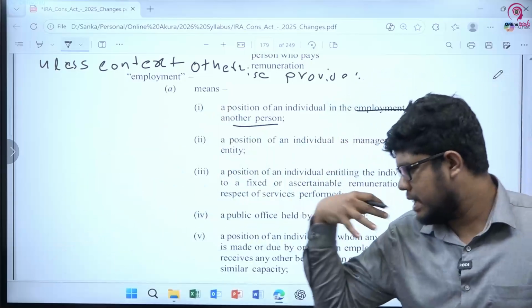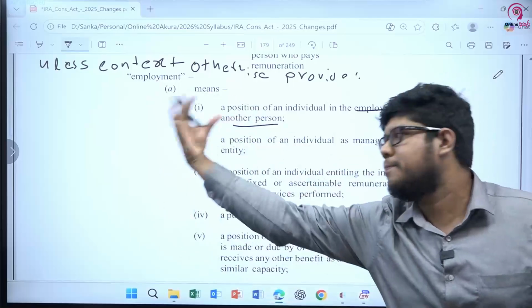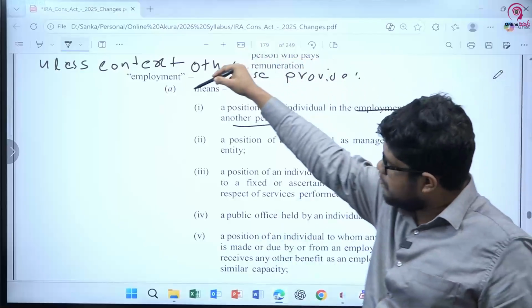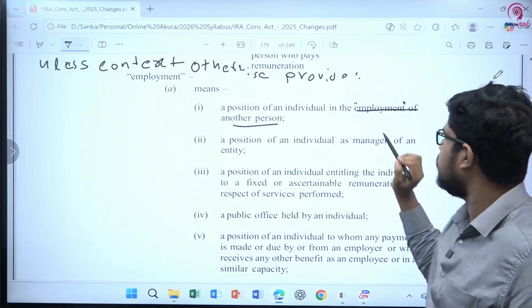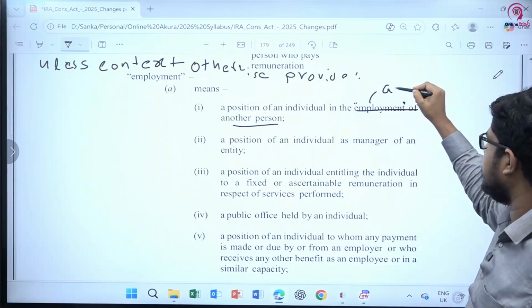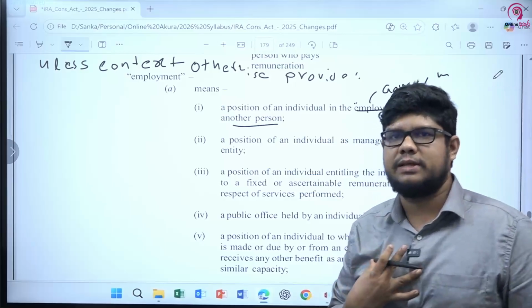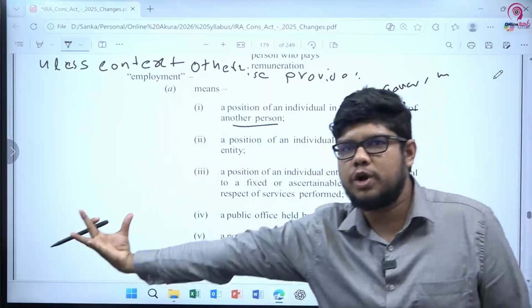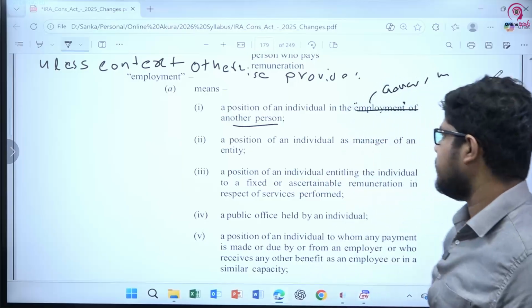Another person employed me. My time is employed by another person, right? So in the definition of employment itself, the term employment is there, so you need to understand this in the general meaning. Position, that is a position of employment, an individual's position as employment in a general context, right?